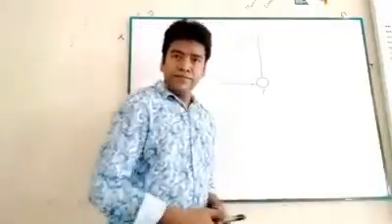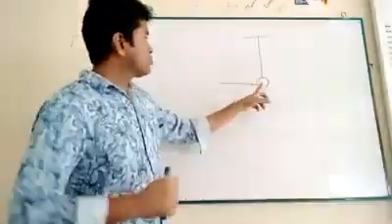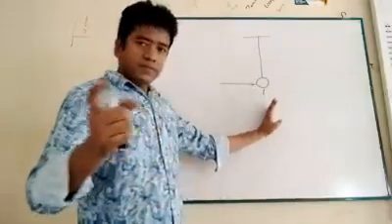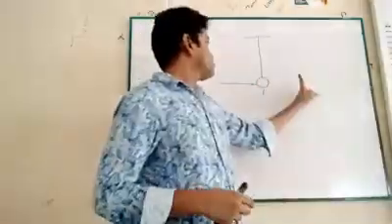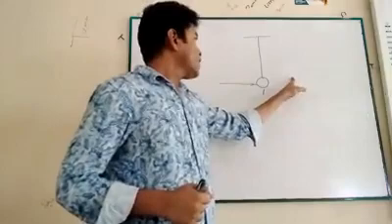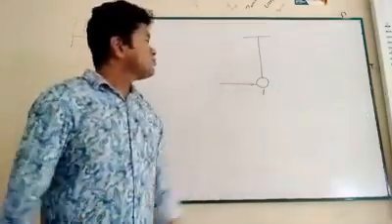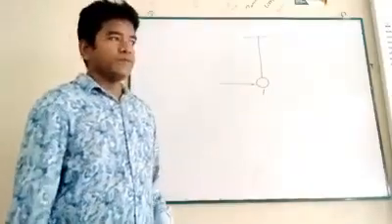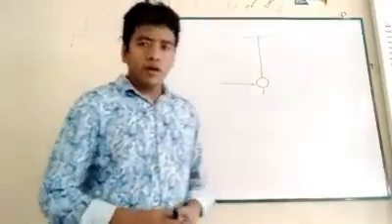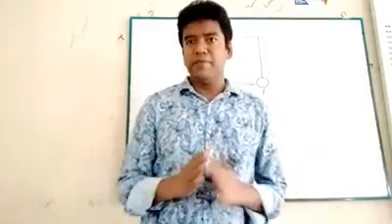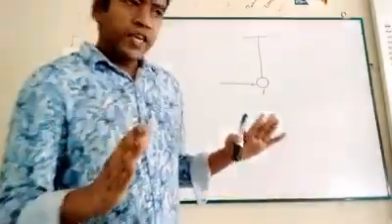And you can find distance. Suppose at a moment the bob comes here, and you can find the distance from the equilibrium point, and this distance will be called displacement, mane সরণ.